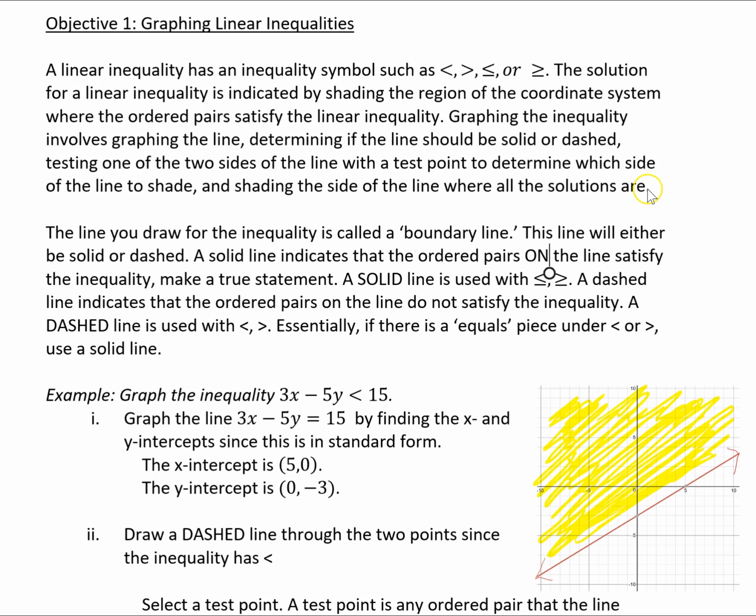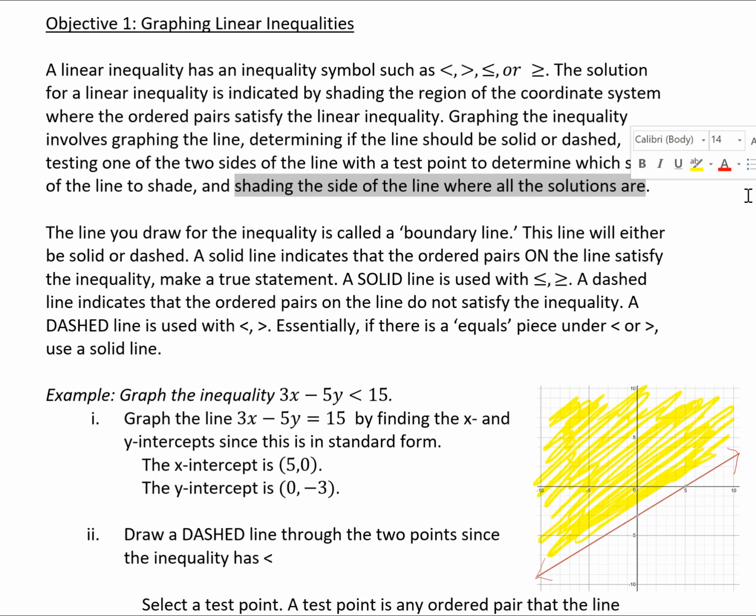Now, generally, this last statement is true. We shade the side of the line where all the solutions are. For my students that are in linear algebra and probability, when we graph feasible regions, we actually shade the side of the line where the solutions are not, or where our test point is false.